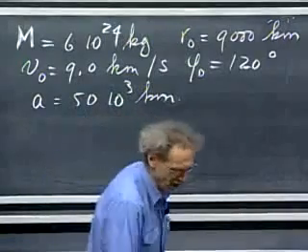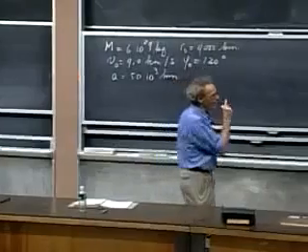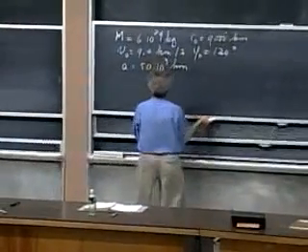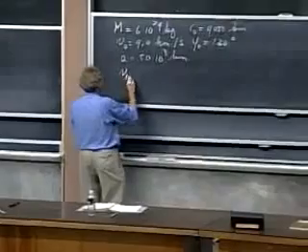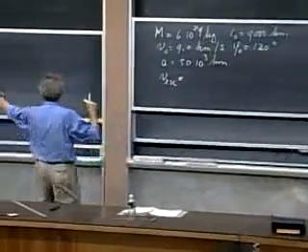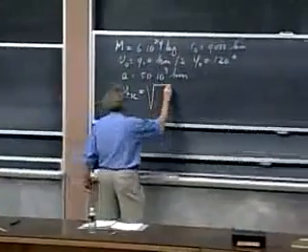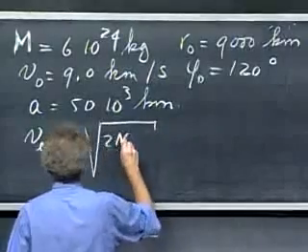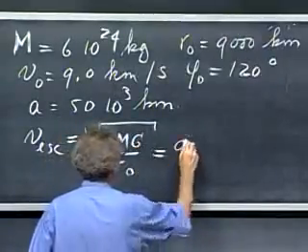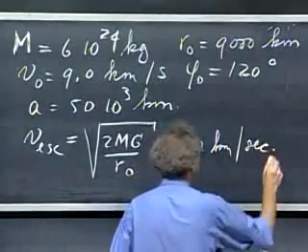Why is that so large? Well, the answer lies in evaluating the escape velocity. The escape velocity of this little mass, when it is at position D, for which these are the input parameters, is the square root of 2MG divided by R0. And that is 9.4 kilometers per second.